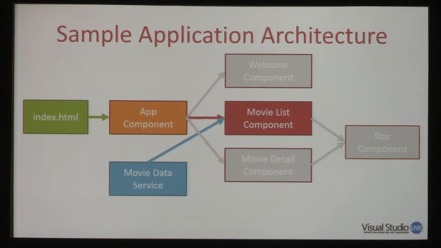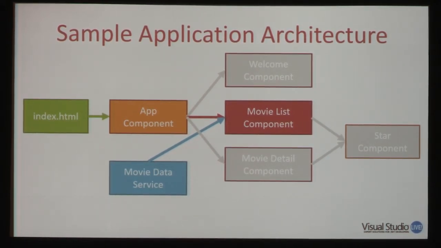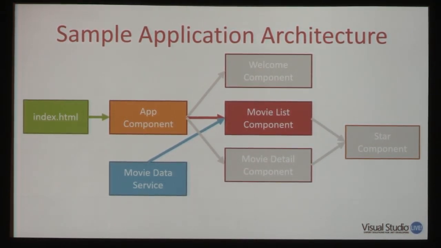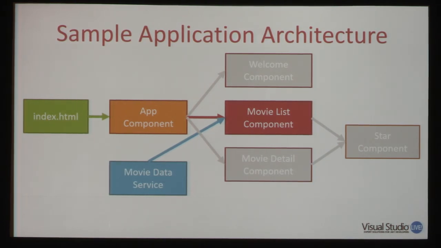Our first cut of the movie service, though, doesn't yet have a back end for us, so we're going to still hard-code the movies in. In the very last demo that we'll see in this session, we'll add the HTTP part to it. But right now I want to focus just on the part of creating the service, and in the last demo we'll look at how to actually hook that up to an HTTP call.